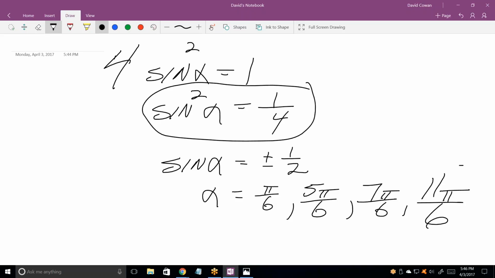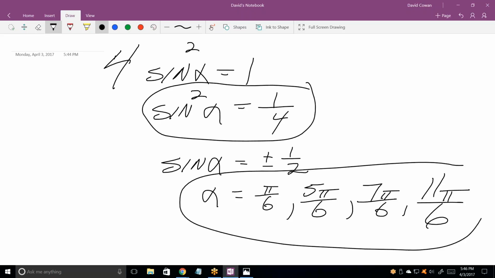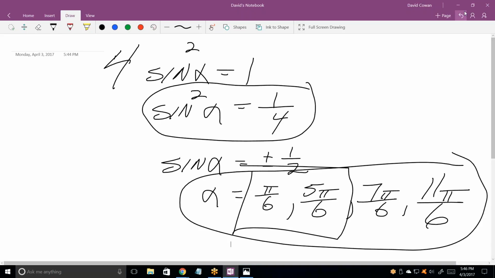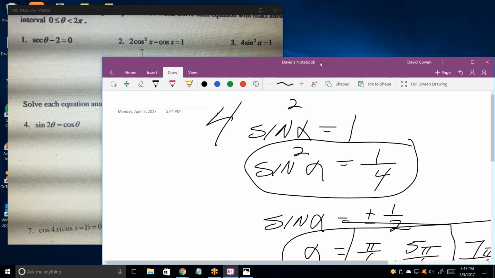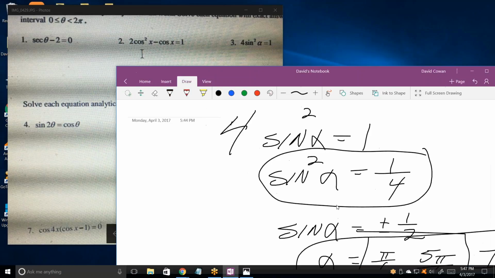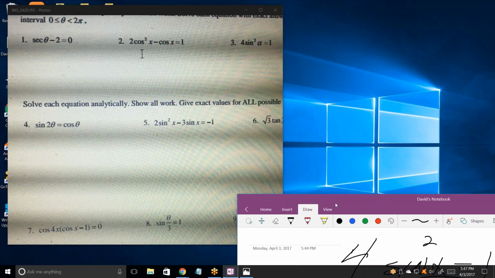Those are your 4 answers. Notice that if we forgot the plus or minus, we would only have those 2 answers. So you would definitely lose points if you forgot the plus or minus. I'll have to remember that. You would just lose a few points.